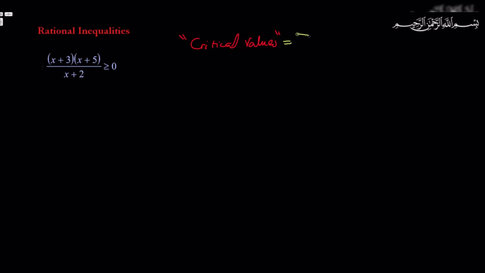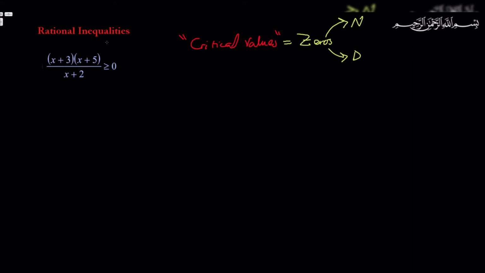What you do is you find what are called critical values, or some people call them critical points, whatever you like to call them. You find the critical points, which are basically the zeros of the numerator and the zeros of the denominator.